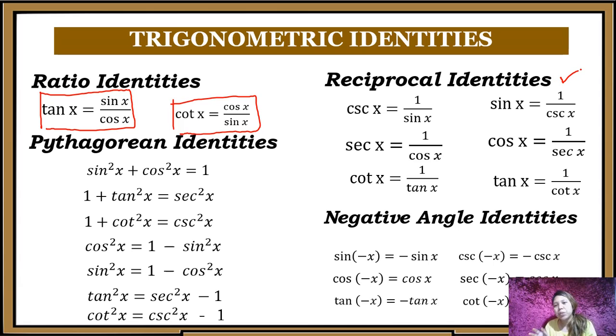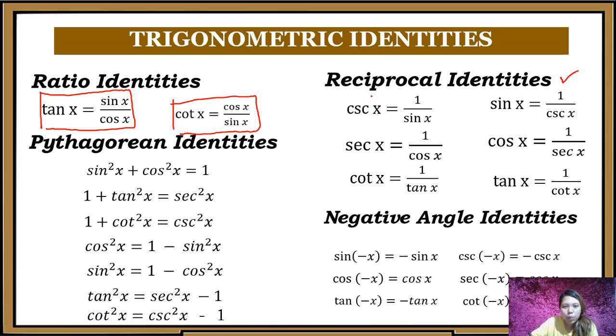Same thing here, the reciprocal identities, which were presented last week in your self-paced. You know that the reciprocal of sine is cosecant, and the reciprocal of cosecant is sine. The reciprocal of cosine is secant, and the reciprocal of tangent is cotangent. So these are your basic trigonometric identities.